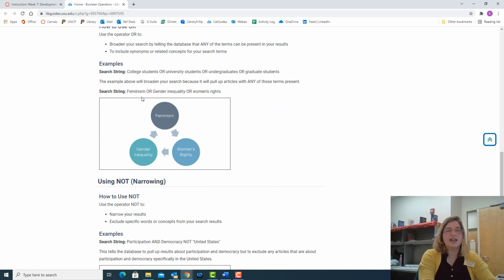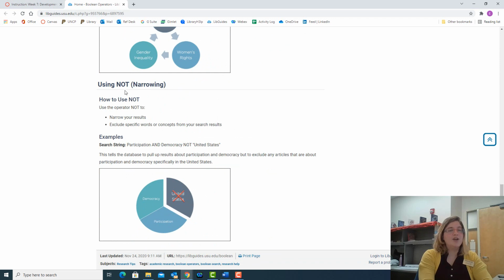So perhaps you're looking at feminism or gender inequality or women's rights. You would come back with all of the articles that mention just one of those, and it will help you broaden your topic if you're not finding enough sources.